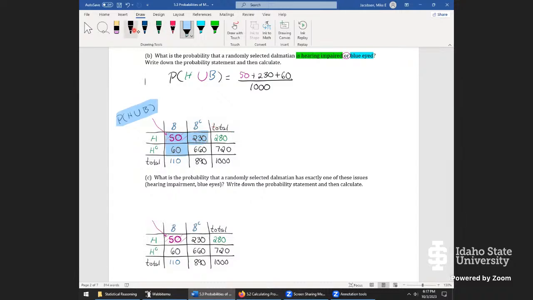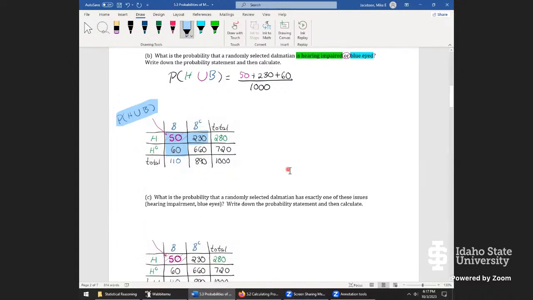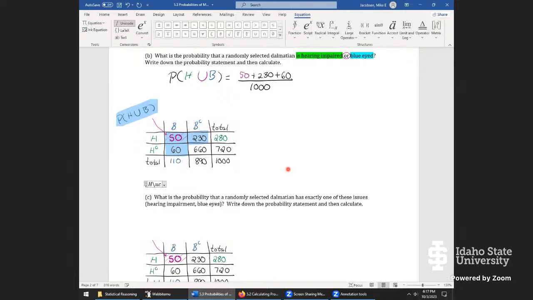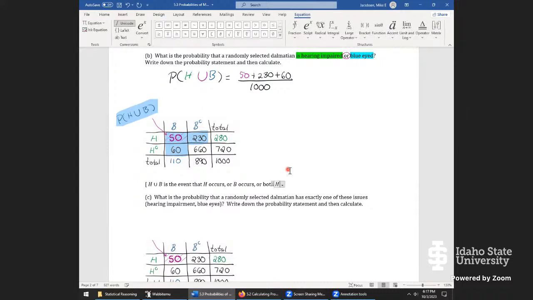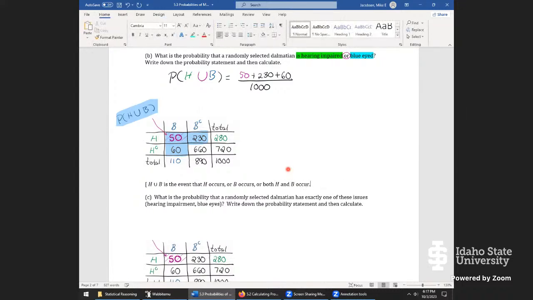Another way to think about that is, recall that the union is kind of an odd one. If we were to write this out in a normal way, we'd say H union B is the event that H occurs, or B occurs, or both H and B occur.